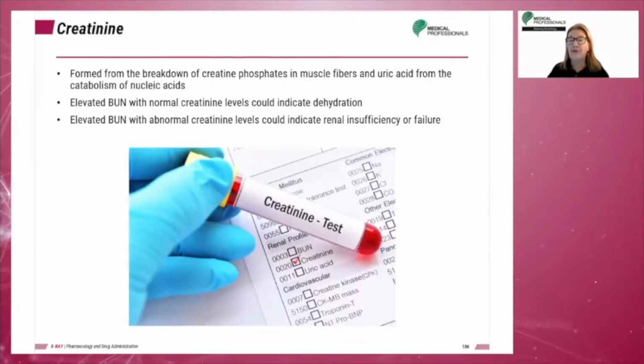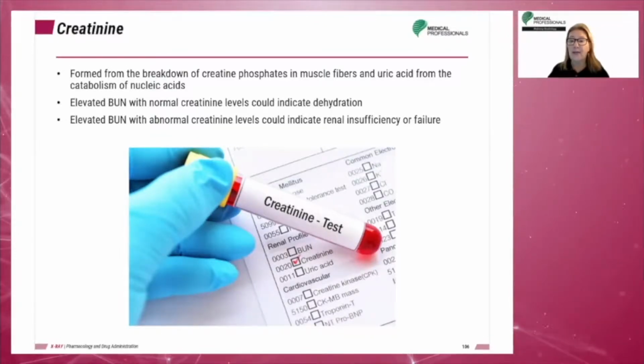Normal levels are 0.4 to 1.5 milligrams for adults and 0.4 to 1.2 milligrams for children. The amount of creatinine is proportional to muscle mass. Therefore, patients with larger muscle masses would have higher creatinine levels.